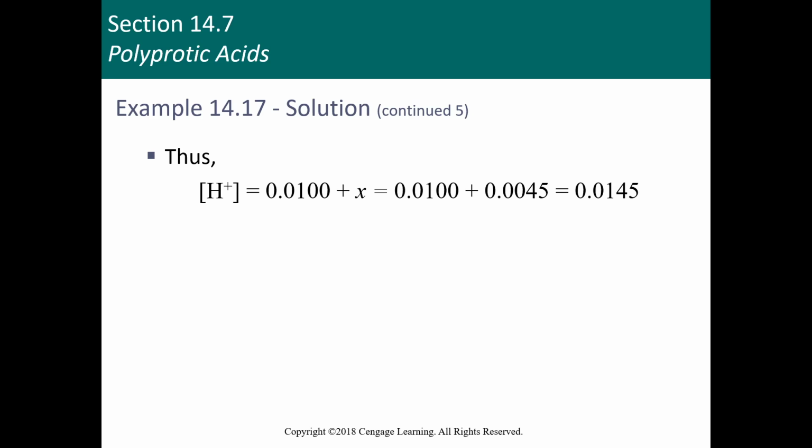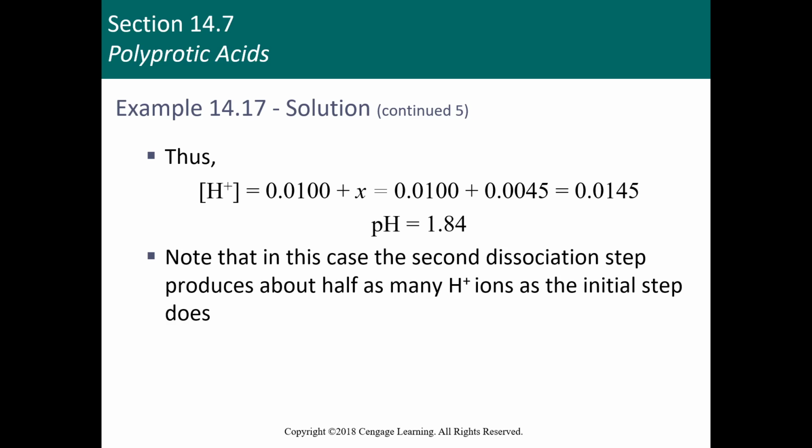So our H plus concentration is going to be, well, our initial value plus whatever we made, right? Which is that x. And so we add that in and we find out that our H plus concentration is 0.0145. We take the negative log of that and we find out the pH would be 1.84.